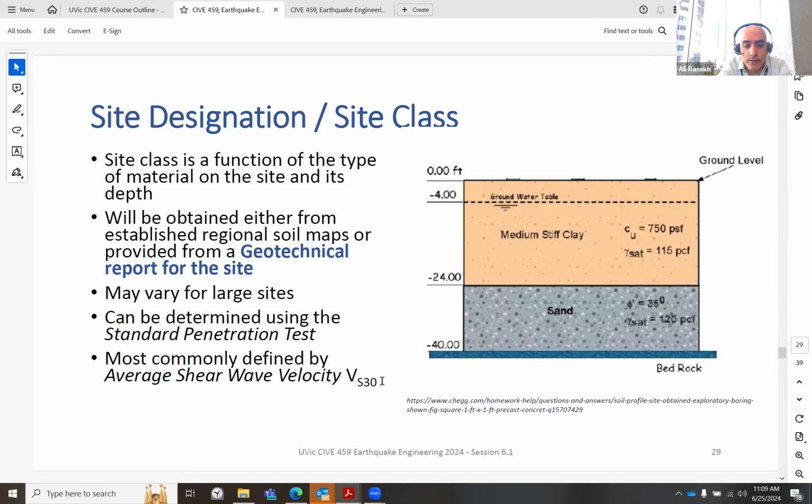VS30 is a measure of the shear wave velocity at the top 30 meters. You will see that a lot in the geotechnical reports that you receive for different sites. The most physical number that they talk about is the shear wave velocity at the top 30 meters.